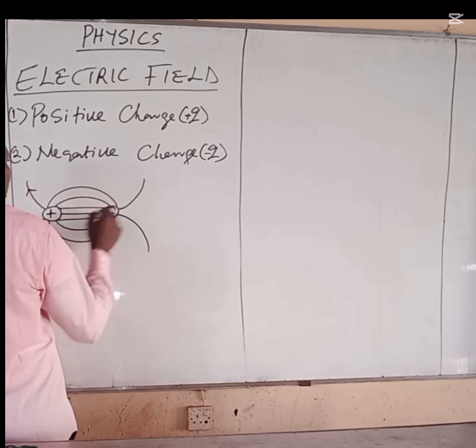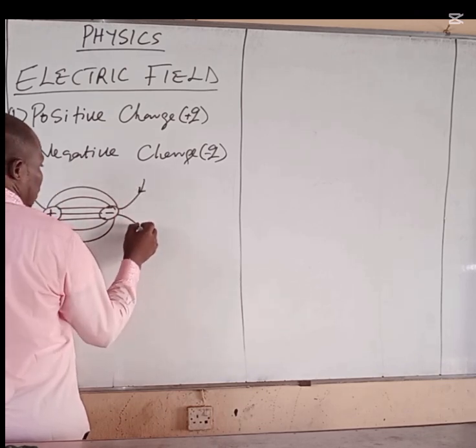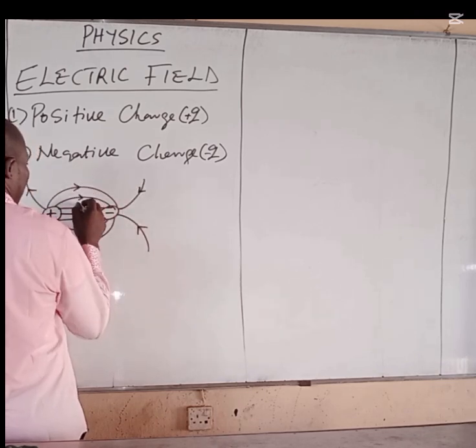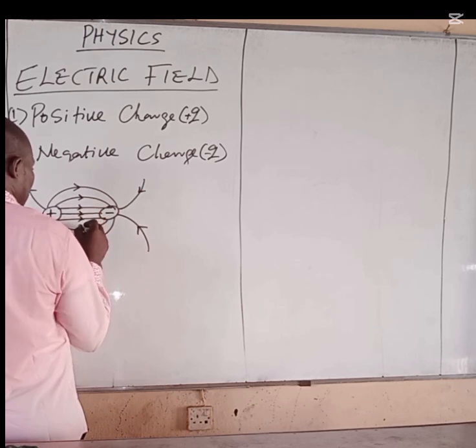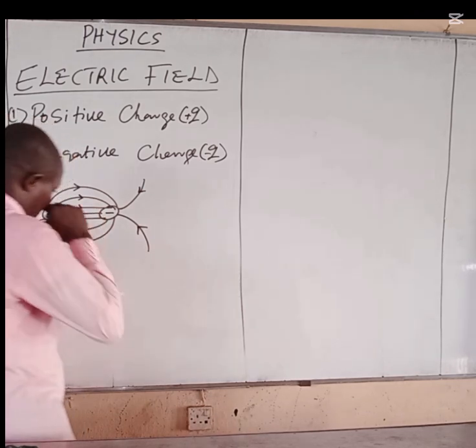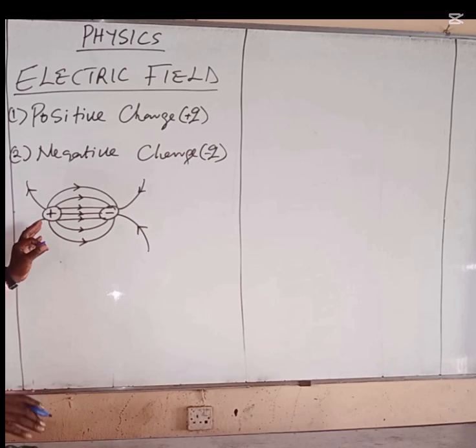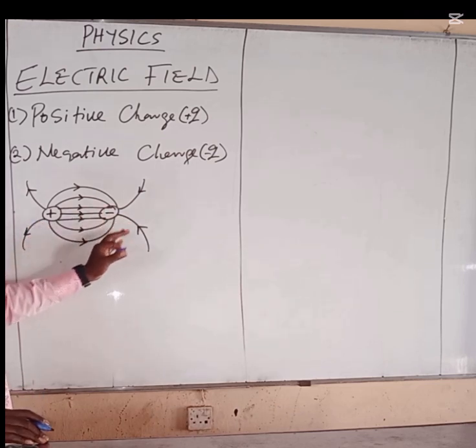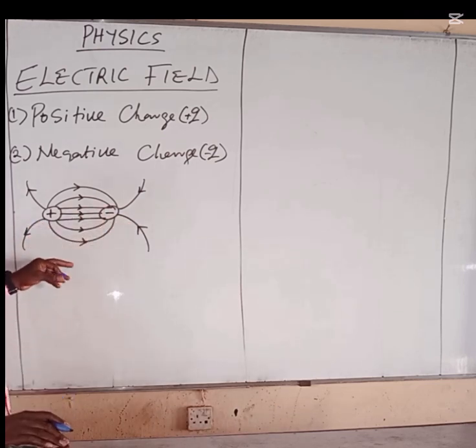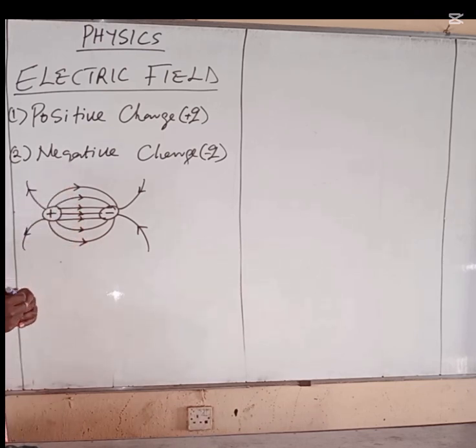It goes out from positive and goes into negative. All right, so you can see that the field starts from positive and ends in negative. And another law says that the lines of force do not cross each other.